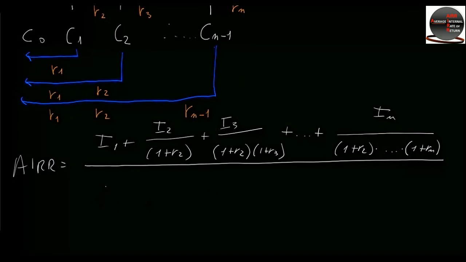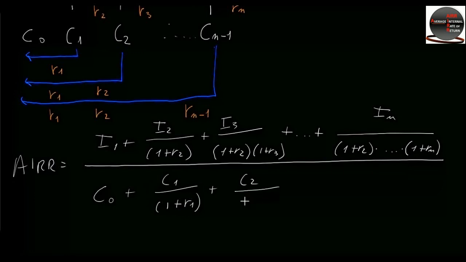As for the capital, C0, then we have C of 1 discounted from time 1 to time 0, so we use R of 1. The third capital, C of 2, is discounted from time 2 to time 0.